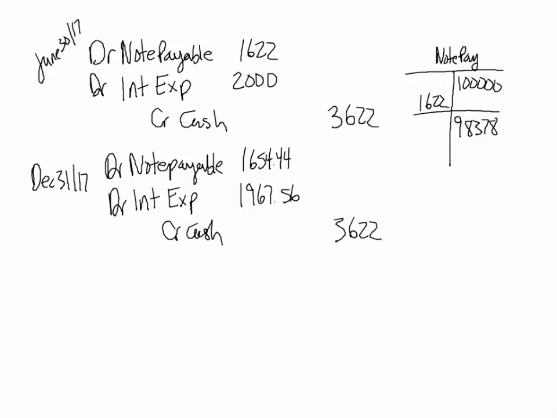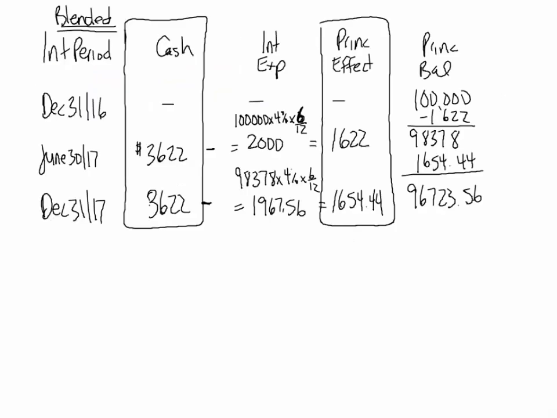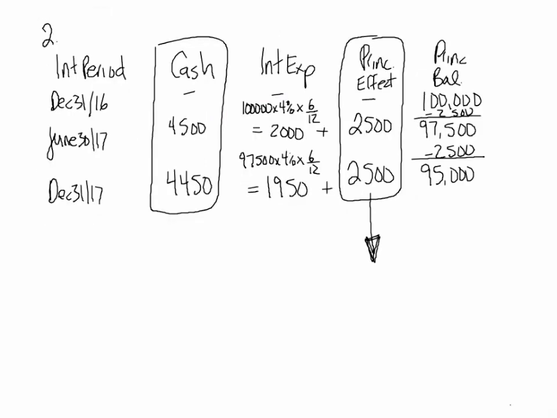In this case, the interest expense is $2,000 because if we look at our calculation, we actually had $100,000 outstanding. Well, if we look at the calculation from the fixed principal payments, we had $100,000 outstanding also. But in this case, the principal is going down by $2,500.